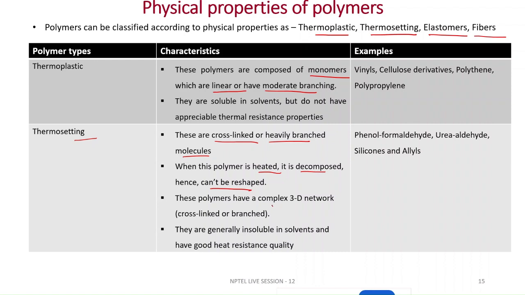These polymers have a complex 3D network because of lots of cross-linked and branched structure. They are generally insoluble in solvents and have very high heat resistance. Examples are phenol formaldehyde, urea aldehyde, silicones and allyls.